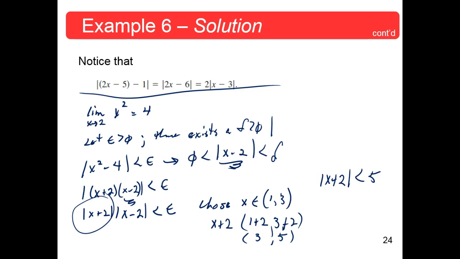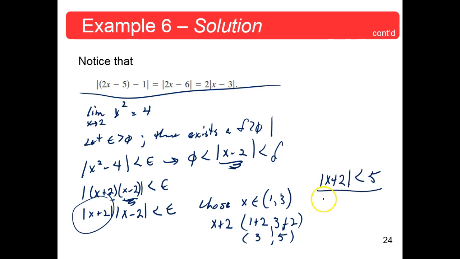That's as high as you can go. So if you did this one and plugged the 3 in there, that would be a 1. So then, if this were less than 5, this has to be less than 1.